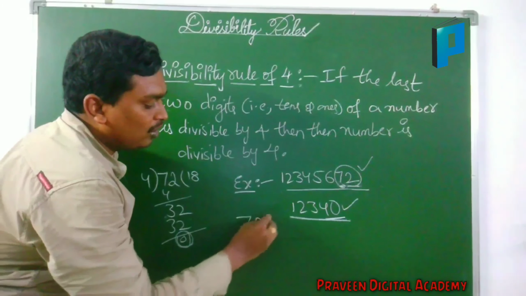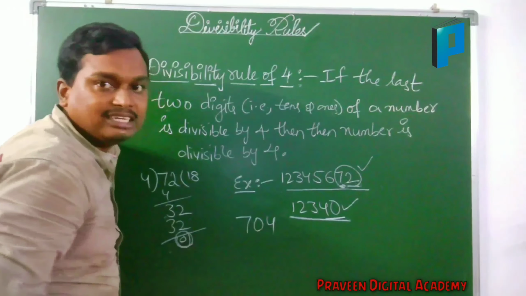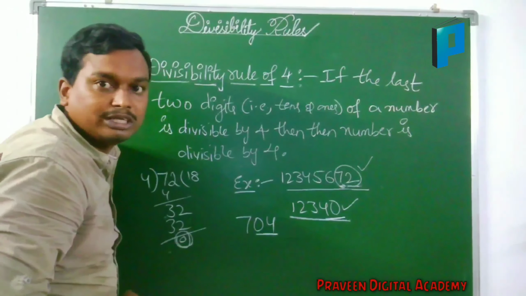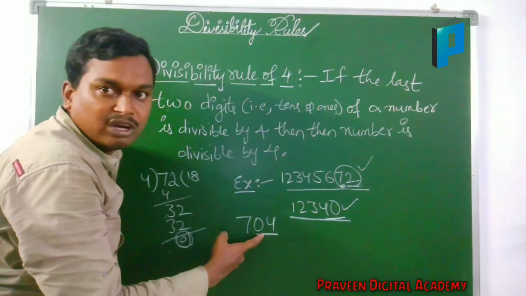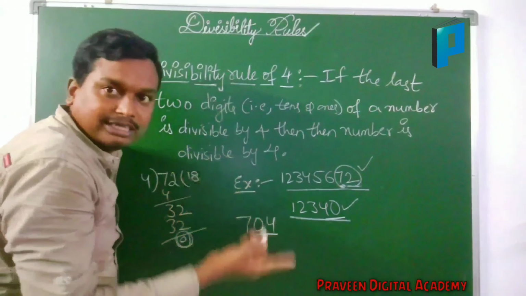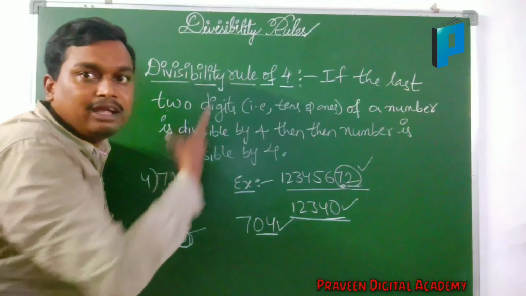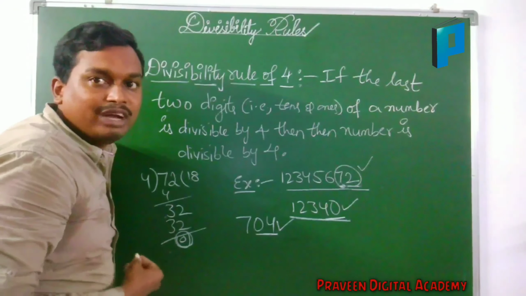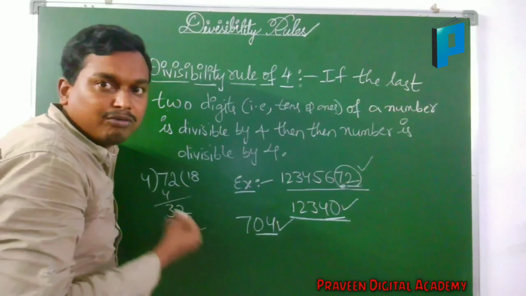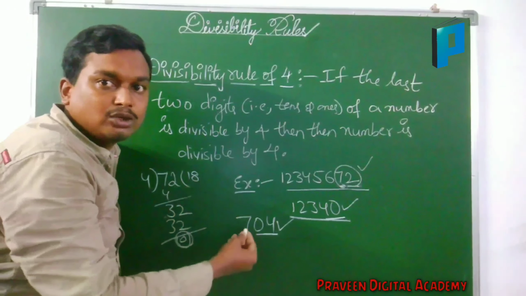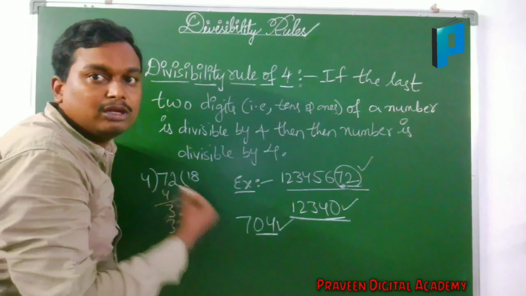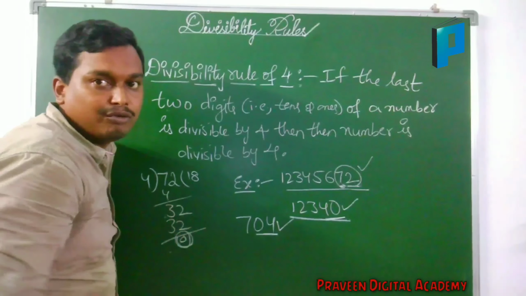If you are having 704, if you are having 3 digits also, check the last 2 digits. This 04 means 4 only. This 4 is divisible by 4. Yes. So this total number is also divisible by 4. In this way, the divisibility rule of 4 is: if the last 2 digits are divisible by 4, then the total number is divisible by 4.